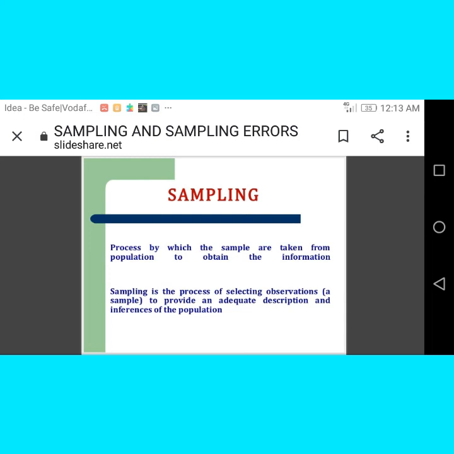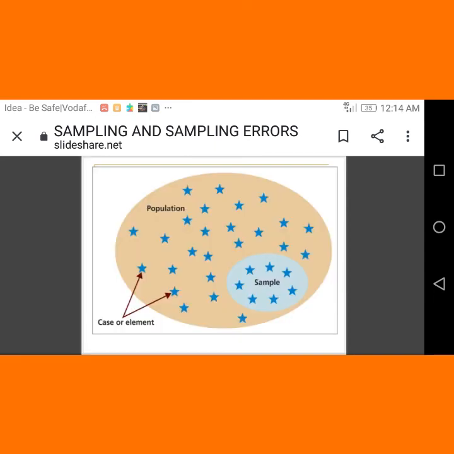In this slide also we can see the elements, isn't it? That is, what is the sample, what is the population, it's all given in this slide also. So children, this is the difference between the population and the samples.